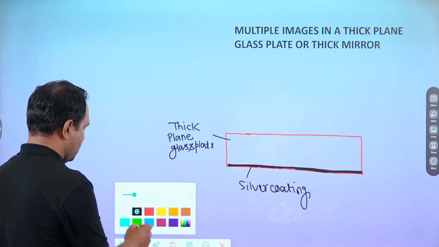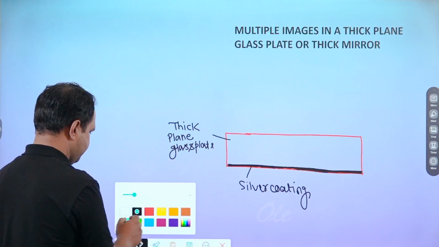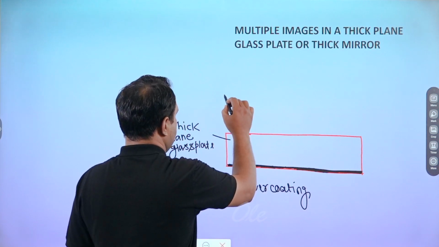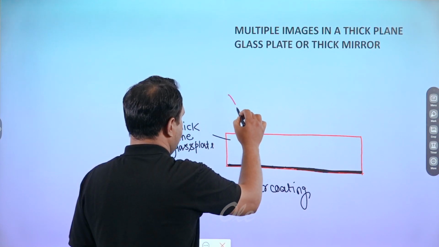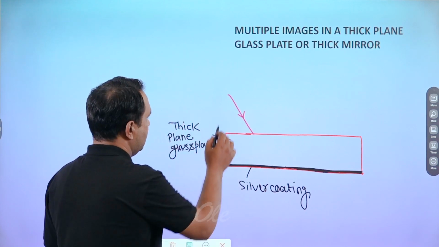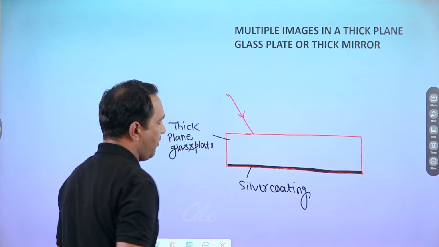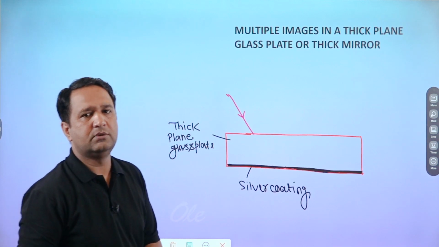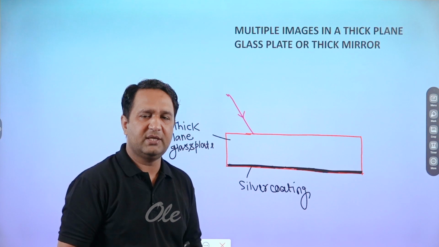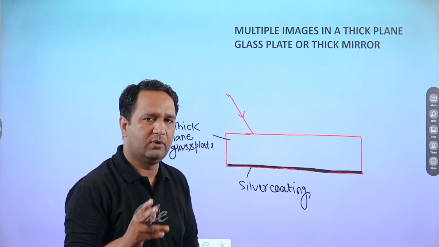Now suppose a ray of light falls on it obliquely. To form any image, as we know, there should be at least two rays. To get any image, we should have two rays.